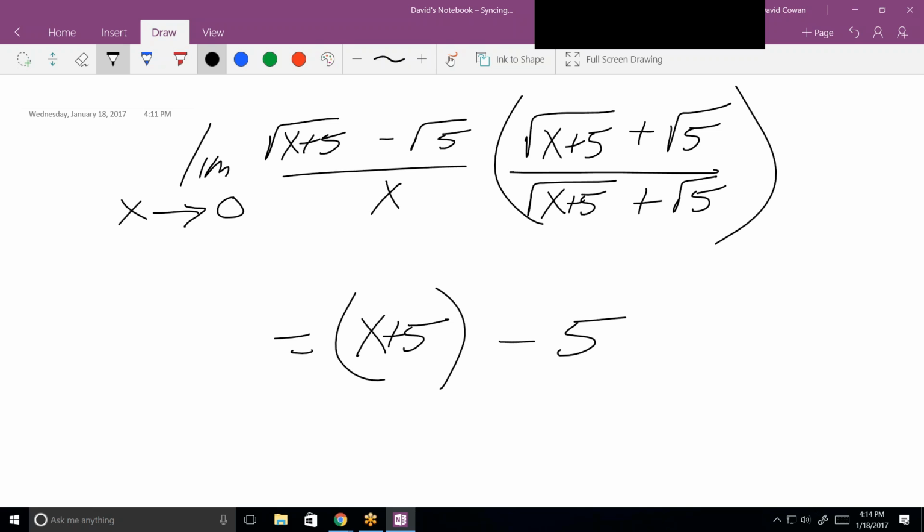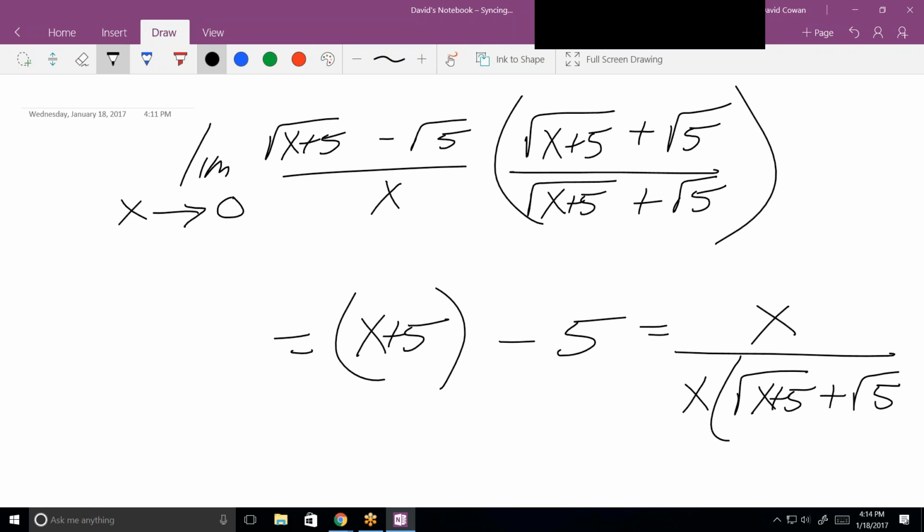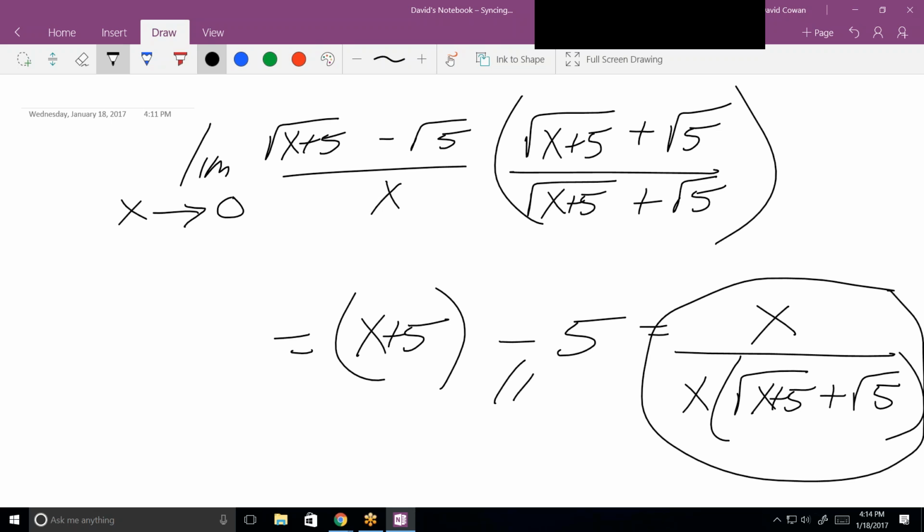Okay, so the top goes to just x, and the bottom, you don't want to usually multiply these out, you want to leave them just like this. Can you see that okay? Yeah. We're taking the limit of that I just circled as x goes to 0.